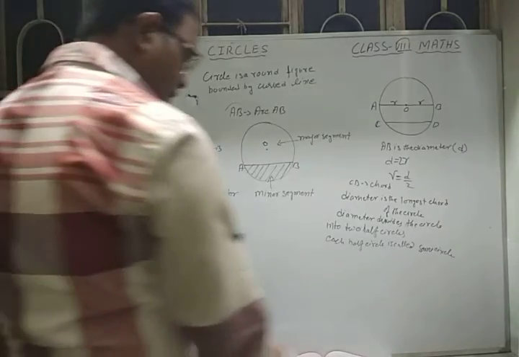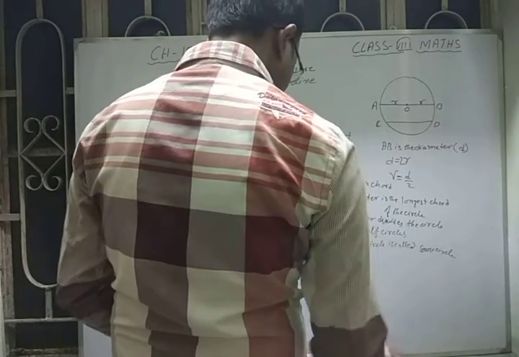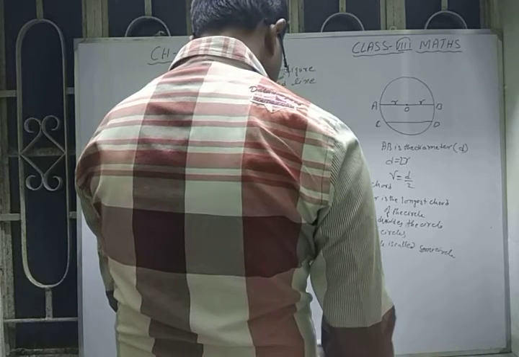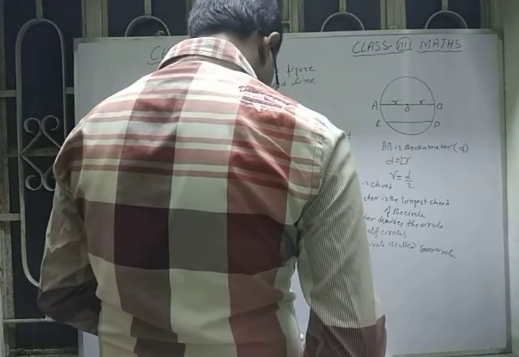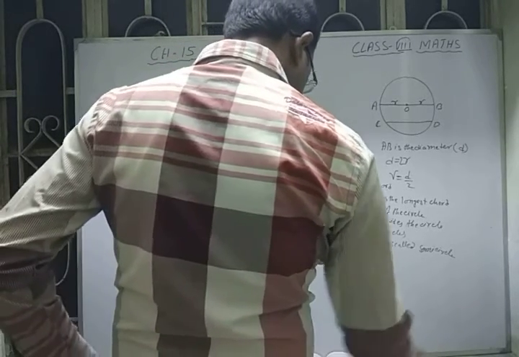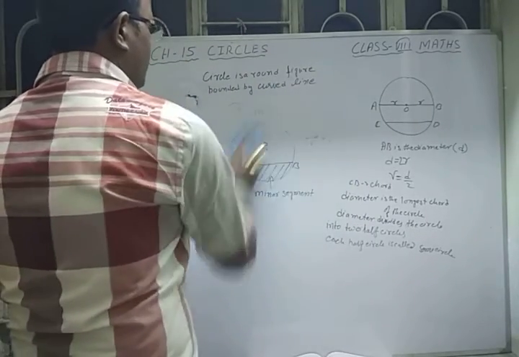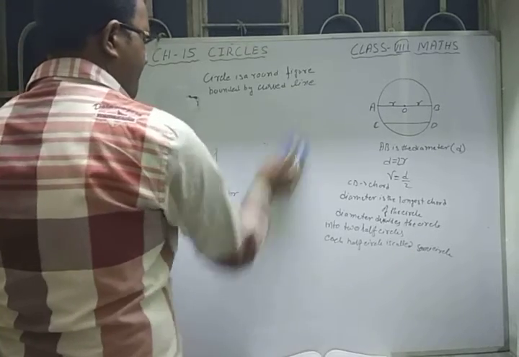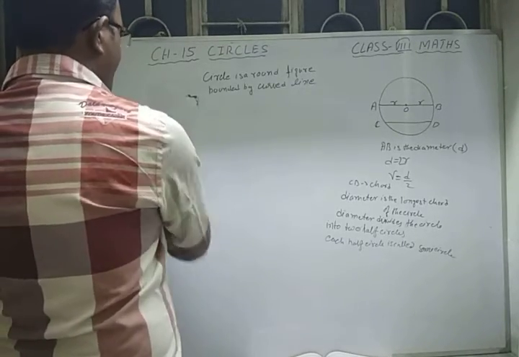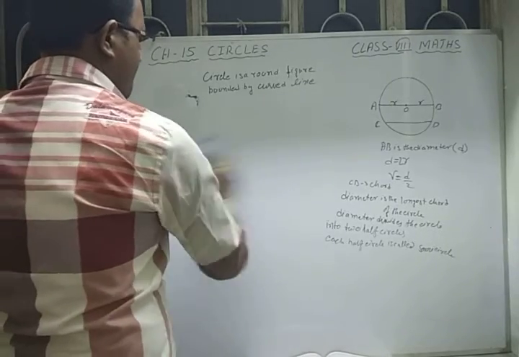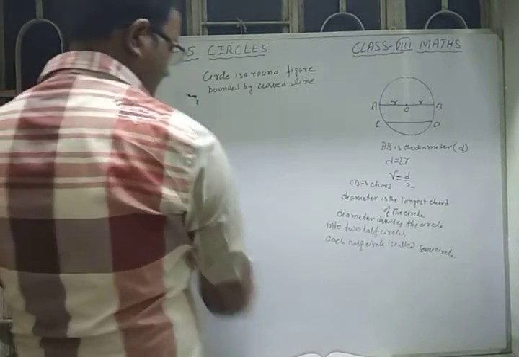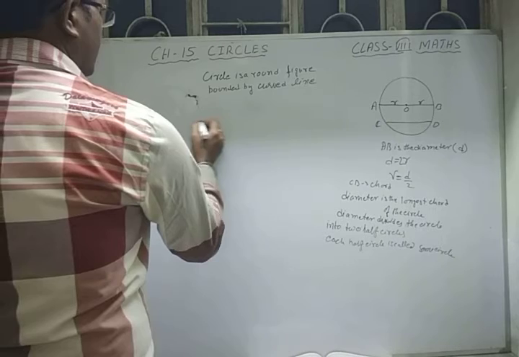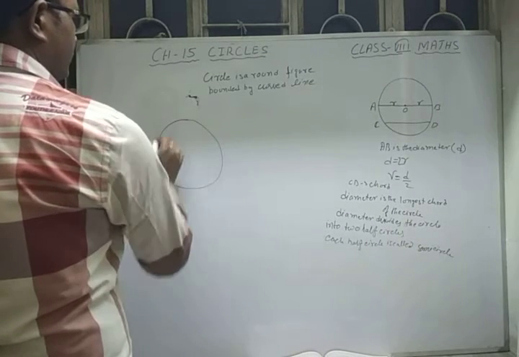Now some other parts of the circle we should go through: the secant and the tangent. Again I will draw a circle.